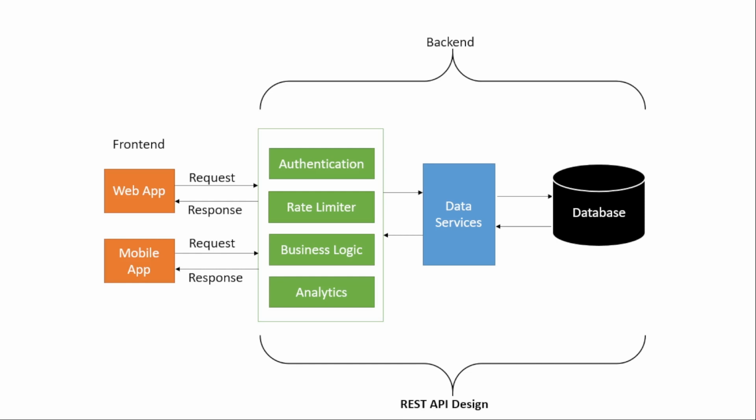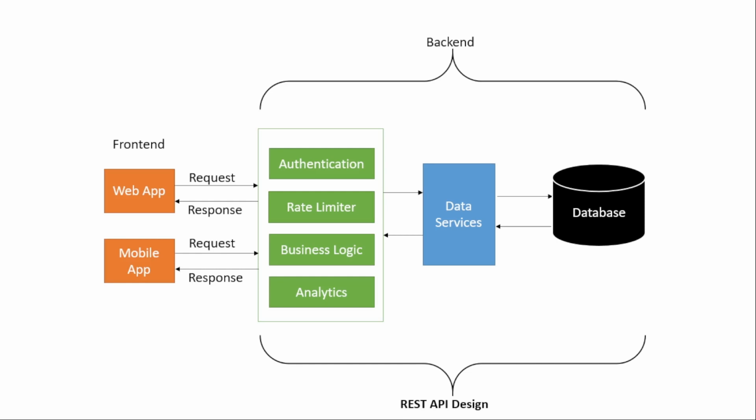Now you can see the architecture block diagram for the REST API. Here we have the client side, or the front end, and the back end. In the back end we have implemented the API. So the client side can send the request.